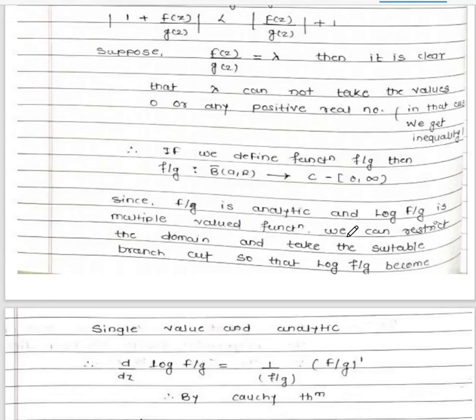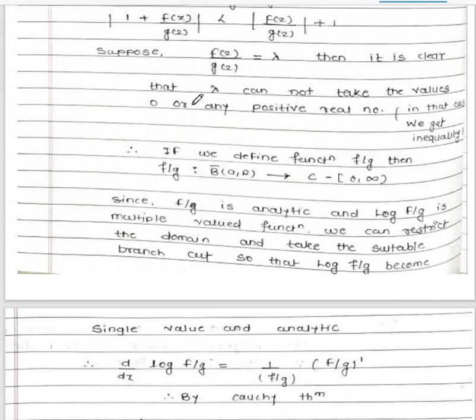Log of f by g is a multiple valued function, so we can restrict the domain and take a suitable branch cut so that log f by g becomes a single valued and analytic function.